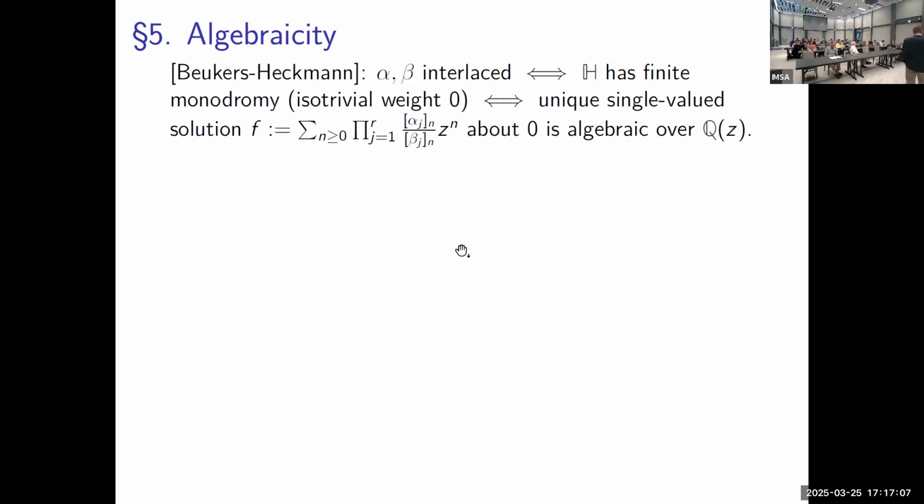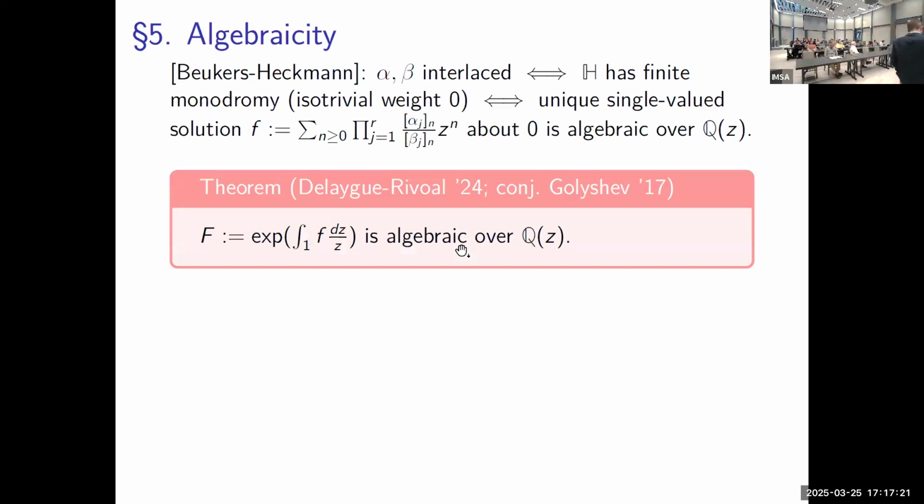Okay? That unique algebraic solution, up to scale, I normalized it to start with constant term 1. That's the standard hypergeometric function solving for L. So Golyshev conjectured, like 7 or 8 years ago, and then it appeared in an article by Zagier, that the exponential integrals of such algebraic hypergeometrics are themselves algebraic.